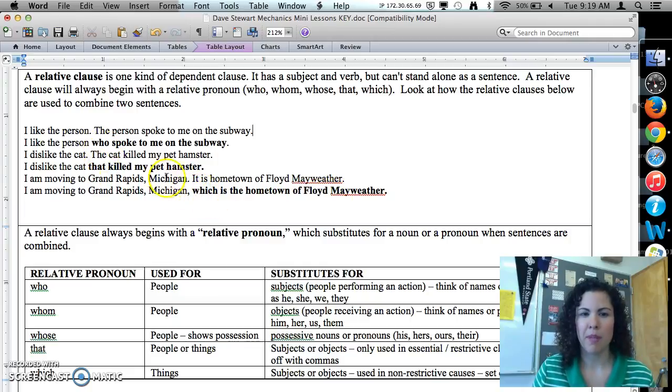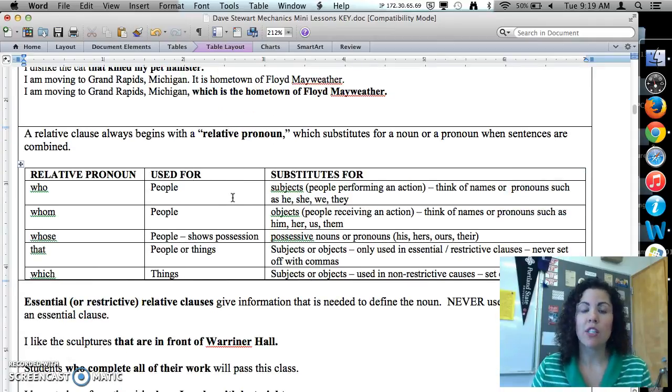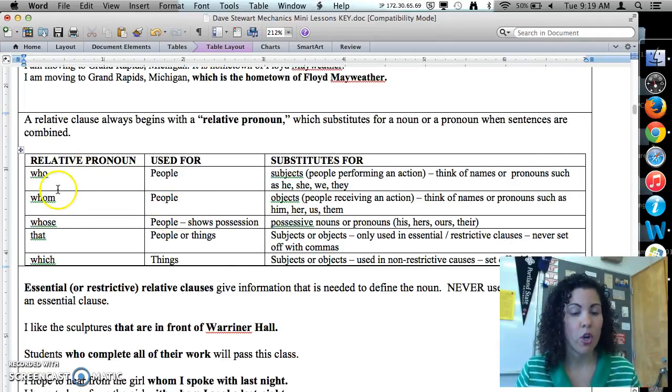Let's talk a little bit about the punctuation and when we need to use a comma with these relative pronouns and when you don't. So a relative clause is always going to begin with the relative pronoun. If you think about those dependent words with a woobus, it's the same idea here. This one we don't have a nice acronym though. So we have who, which is used for people, whom, used for people, whose, shows possession, like who owns something, that, which is people or things, more likely things, and then which is always used with things.